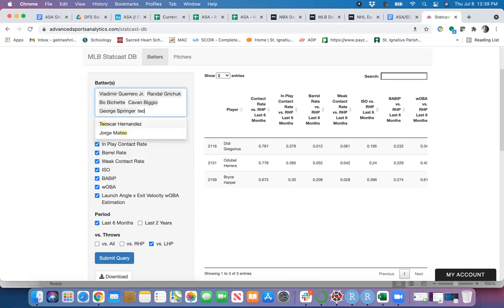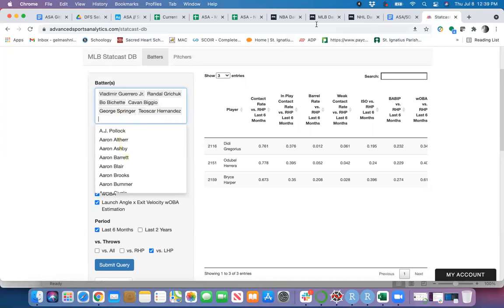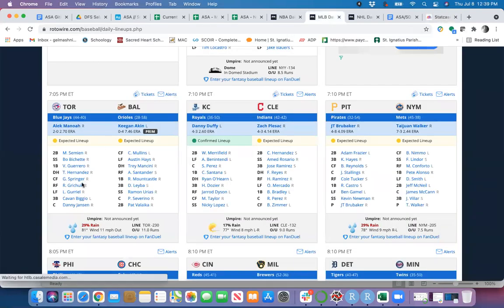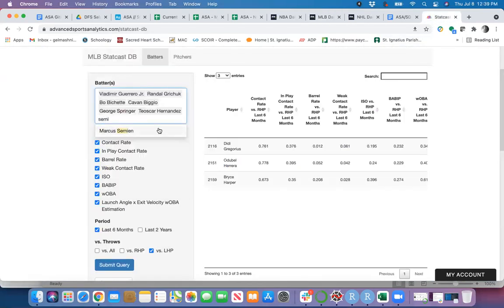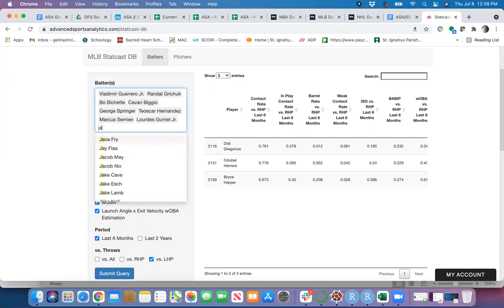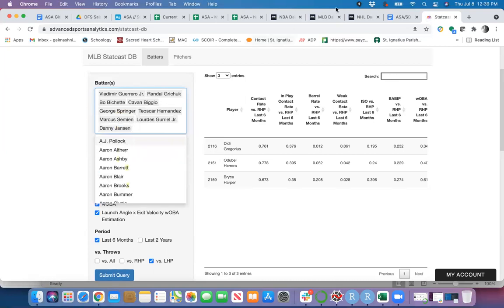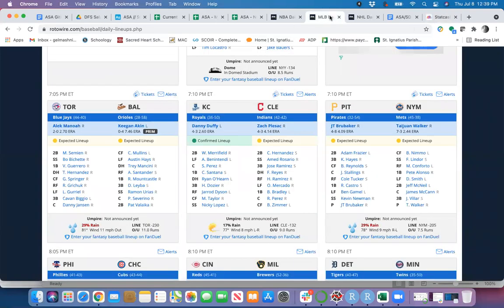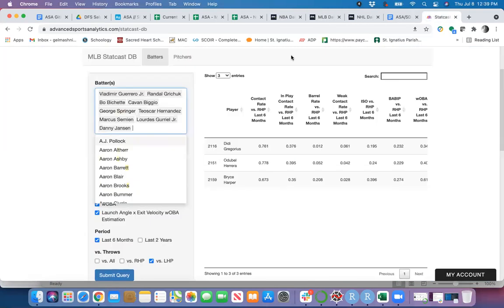Probably have Teoscar Hernandez. Gurriel and Janson and Semien. Just double check I got all those names correct. Should be 9 batters there.